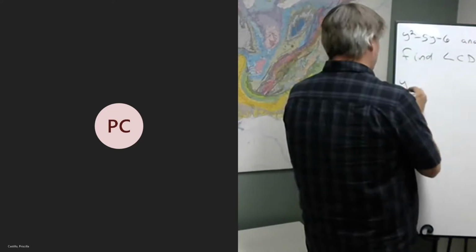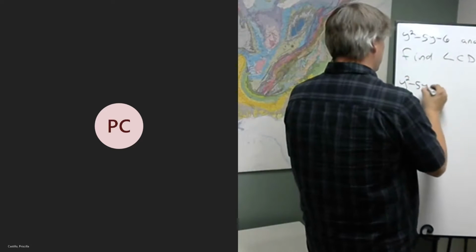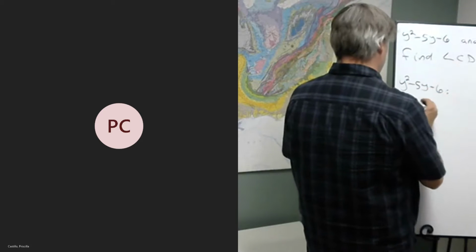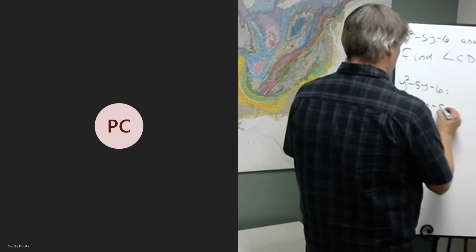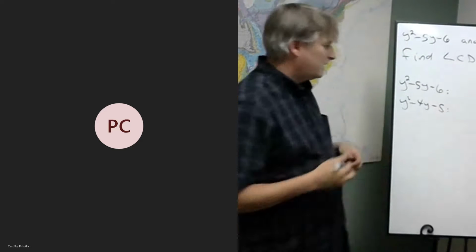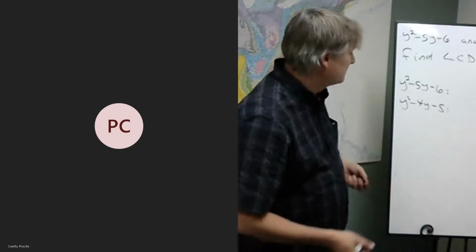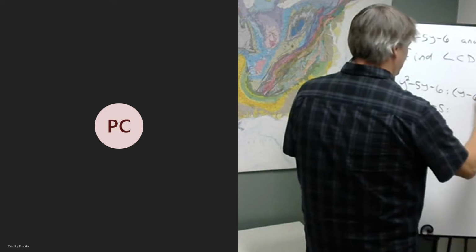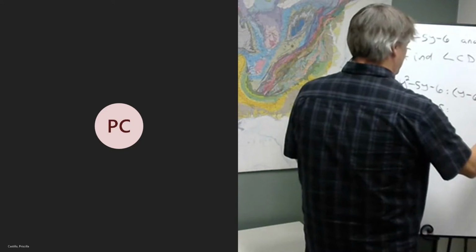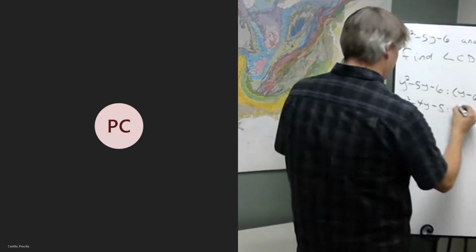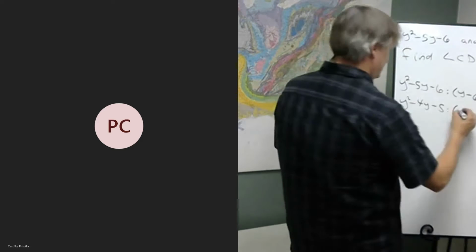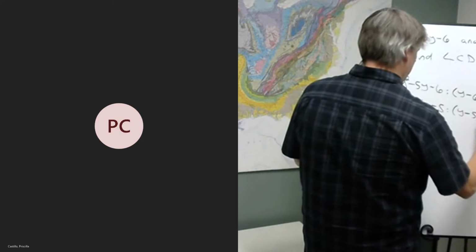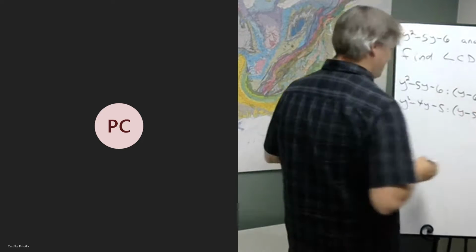So for these, again, we're just going to factor them. And again, using the guess and check method. So y minus 6, y plus 1. Let's see. Y minus 5, y plus 1.